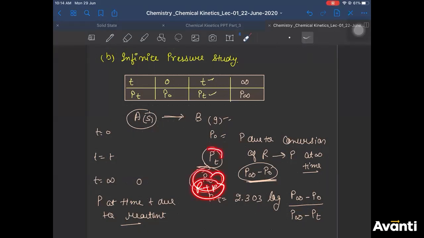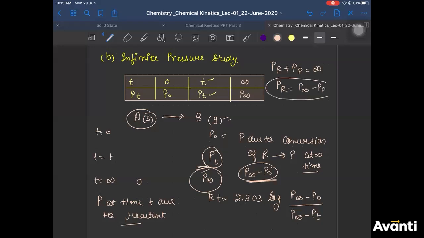So when you subtract the product pressure from it, you get the pressure only due to reactant. In both cases, the pressure of reactant plus the pressure of product is P infinity. The moment I want to find the pressure of reactant, I will subtract the pressure of product from P infinity.